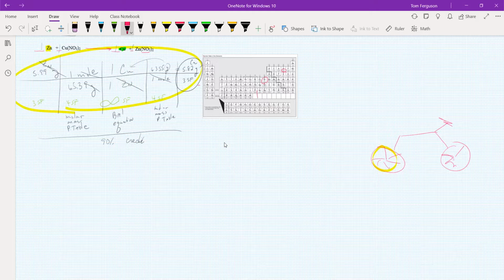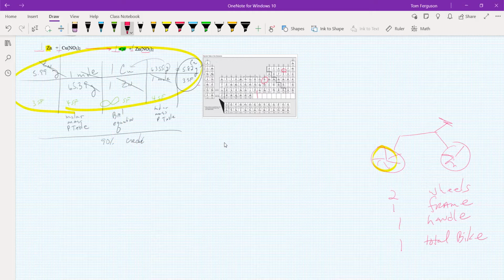So we have 2 wheels, 1 frame, 1 handlebar. And then we have one total bike. So it takes 2 wheels, a frame, and a handle for a total bike.